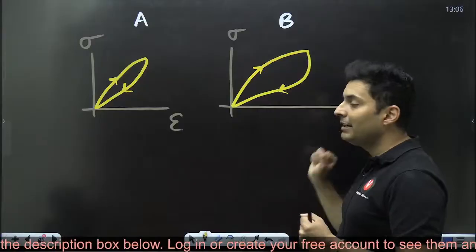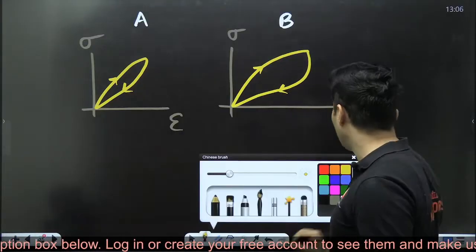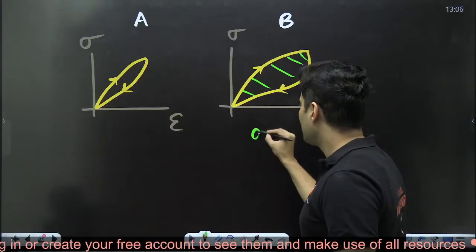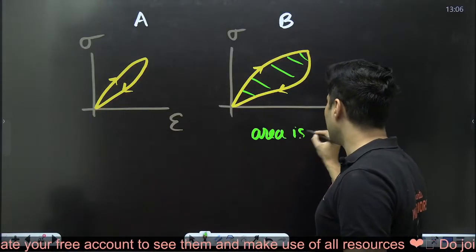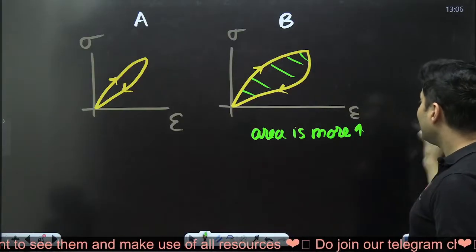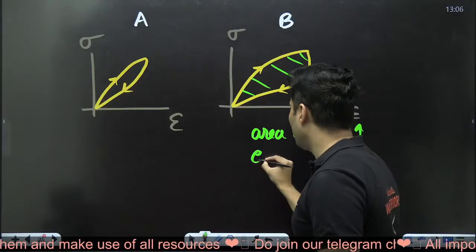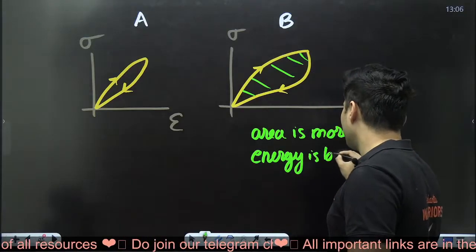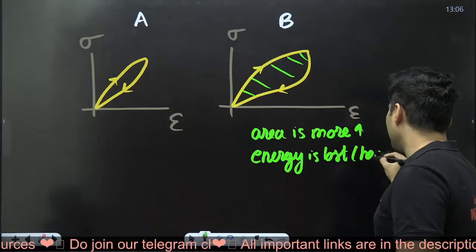So who will get heated up fast? This will get heated up fast. Understand that. This area is higher, so the area is more. Because the area is more, what will happen? This will get heated very fast. So a lot of energy is lost mainly as heat.